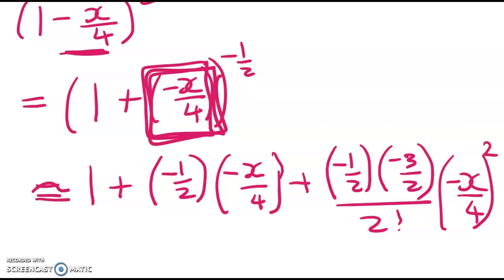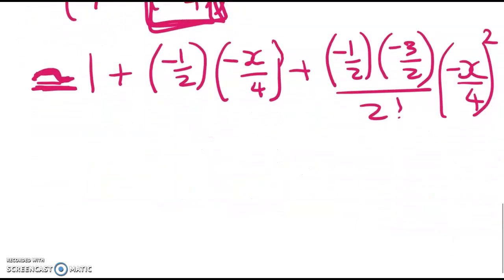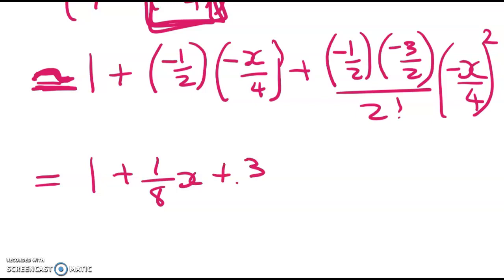Right, now I'm going to make that approximately equal to, because I'm just working with the first 3 terms. And we can expand that out, and we get 1 plus 1/8 x plus, carefully here, I'm going to do this in 2 steps, 3/8 times x squared on 16.